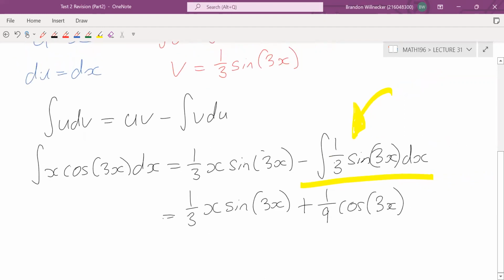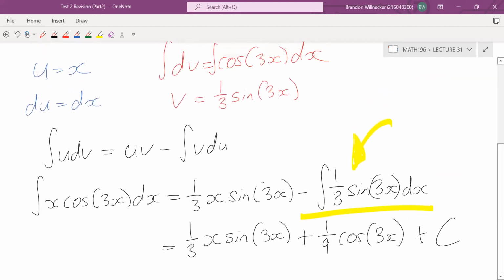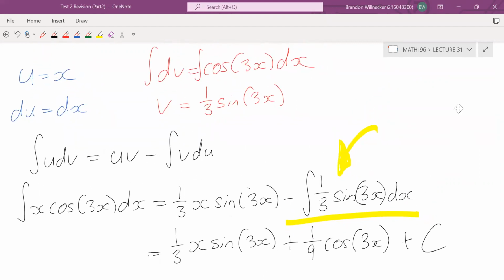And this is an indefinite integral, so we have to have plus c. Okay. Any questions about this? Okay, not too bad. Let's take a look at the next one then.